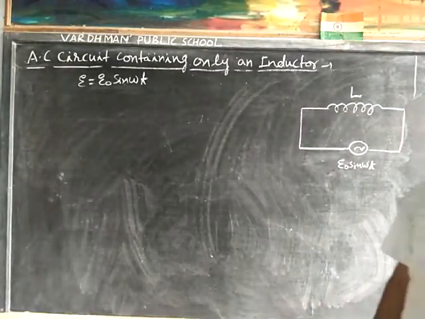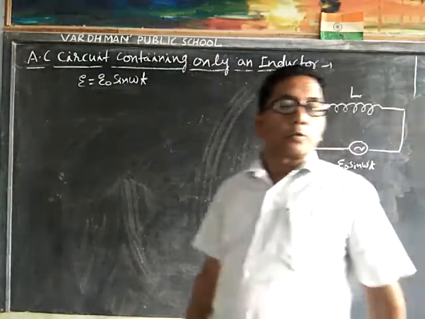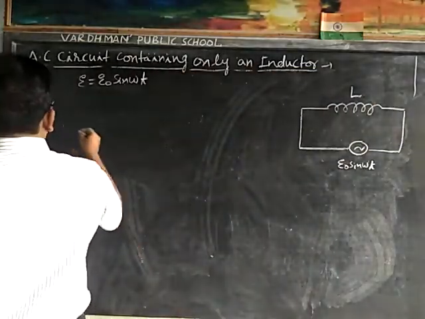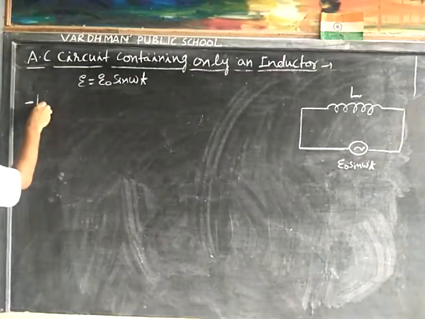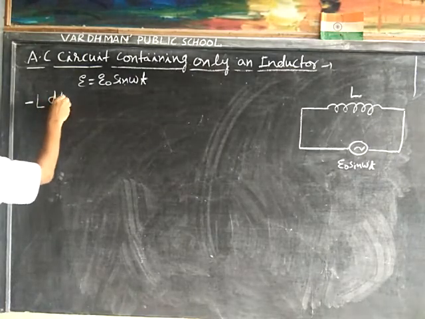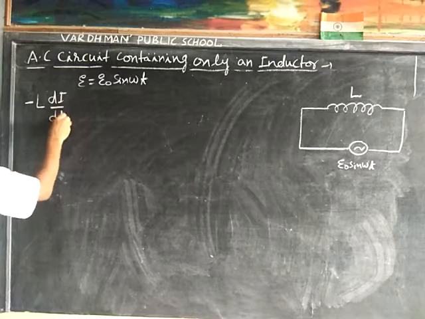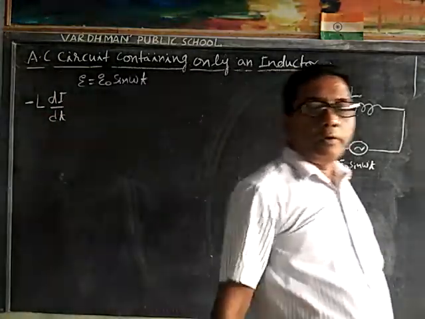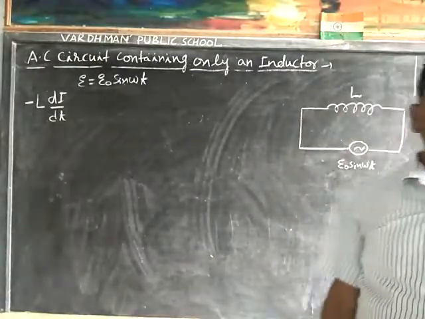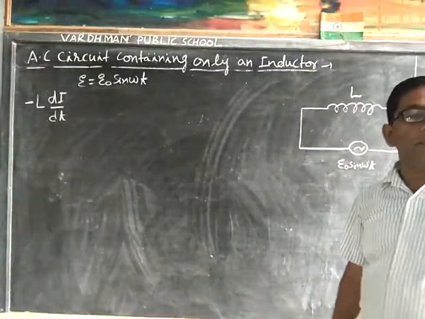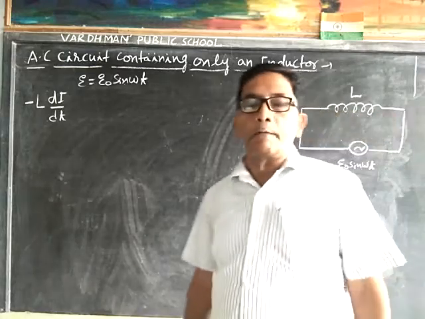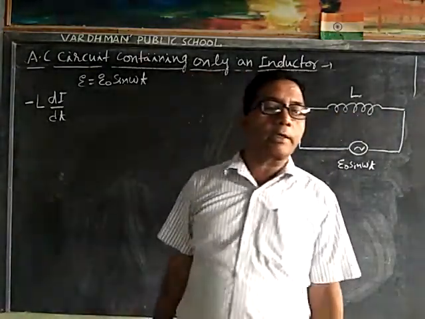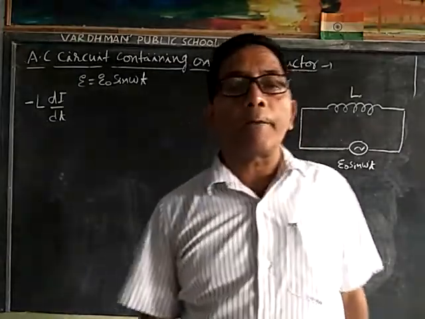When alternating current flows through the inductor, a back EMF minus L di upon dt is produced. When alternating current flows through the inductor, a back EMF minus L di upon dt is set up, which opposes the applied EMF.